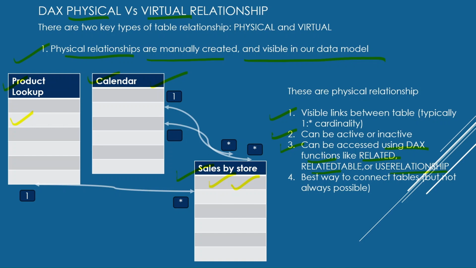Whenever we create a physical relationship and want to access the columns of different tables during the creation of DAX or calculated columns, a couple of relationship functions exist, like RELATEDTABLE and USERELATIONSHIP. Physical relationship is the best way to connect tables and create a data model, but it is not always possible.